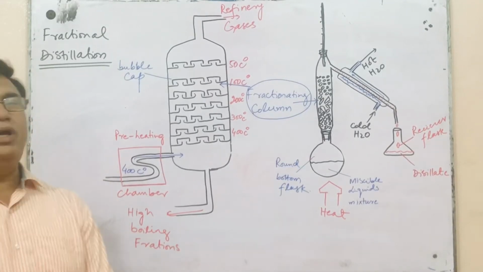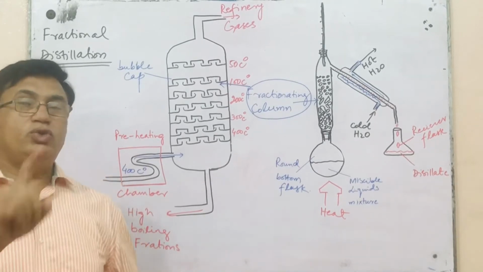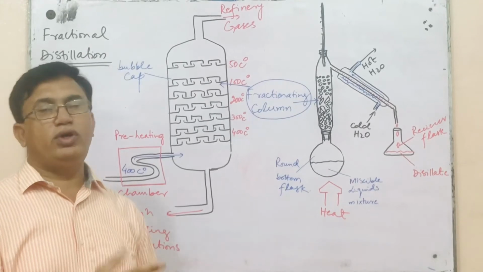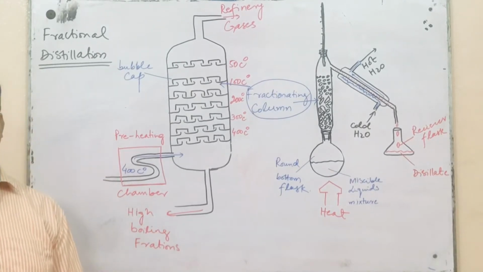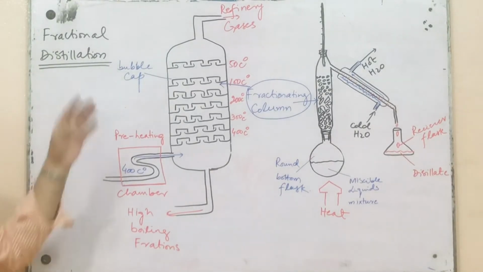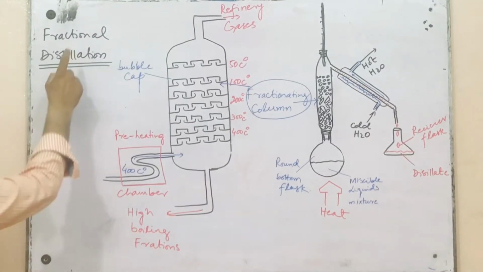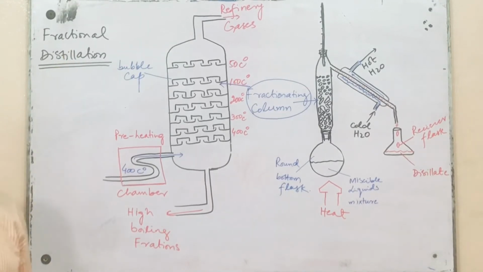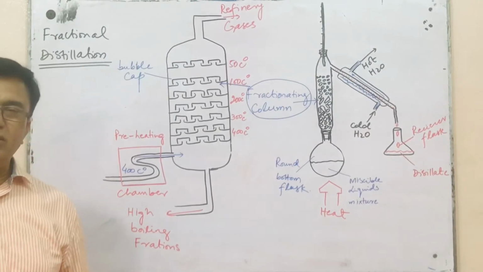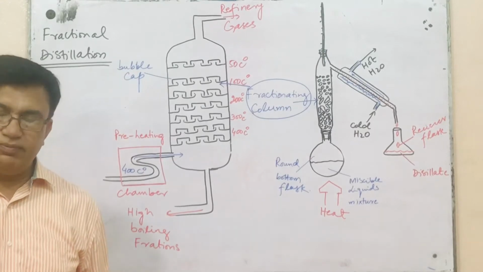And if the components are not miscible, then we use the technique of the separating funnel, which we have already discussed. But if the liquid components are miscible with one another, fractional distillation is the separation technique for miscible liquid components which have different boiling points.